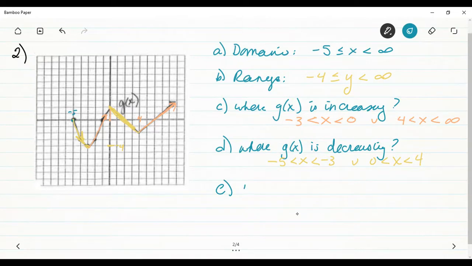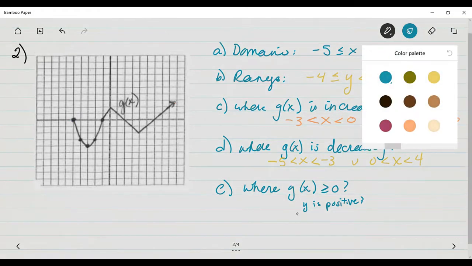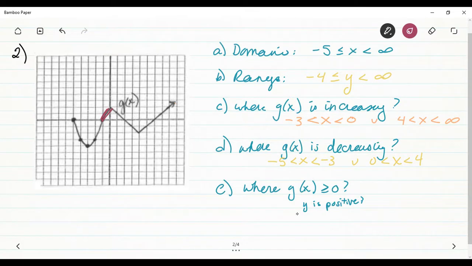Part E, we're looking to evaluate where g of x is greater than or equal to 0. Again, g of x being greater than or equal to 0, we want to know where y is positive. That's what that expression is saying. Where is y positive? y is positive above the x-axis. We look at this picture, above the x-axis is here and here.